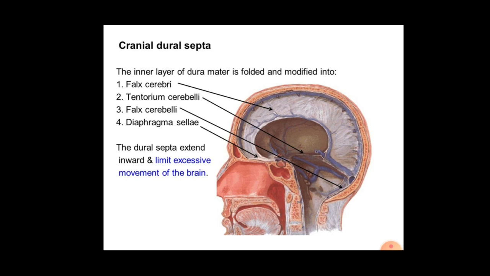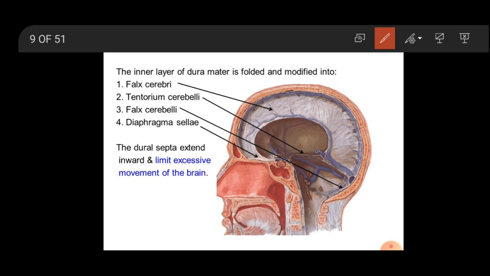You have 4 dural folds. This is the falx cerebri, this is the tentorium cerebelli, here you have the falx cerebelli, and here you have the diaphragma sellae. So the four dural folds are falx cerebri, falx cerebelli, tentorium cerebelli, and diaphragma sellae.